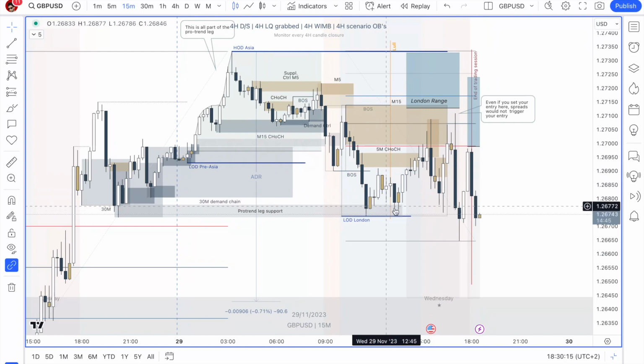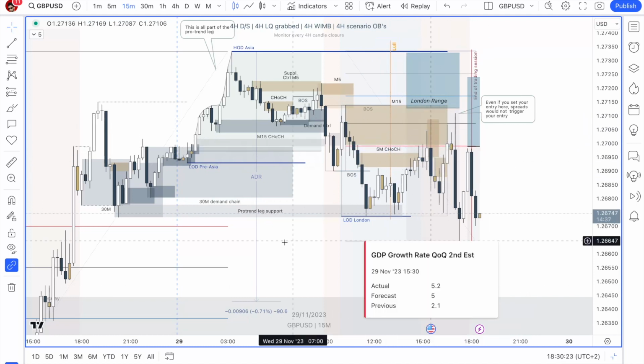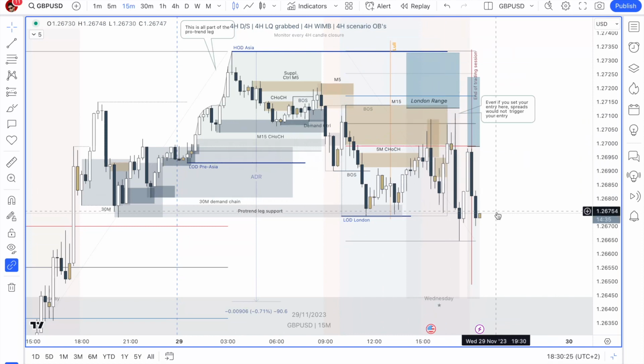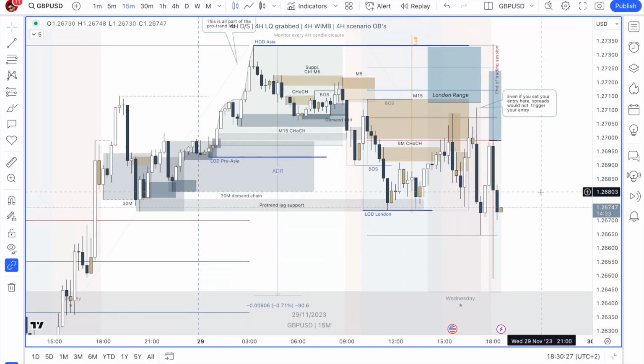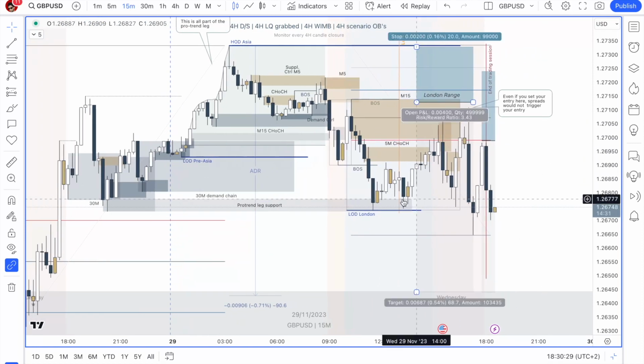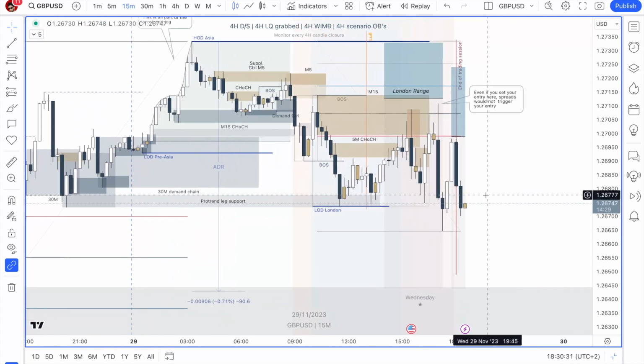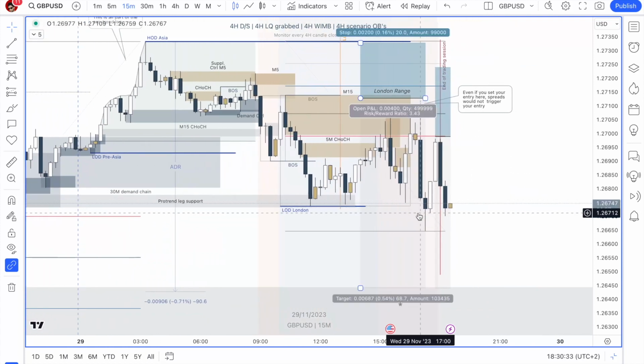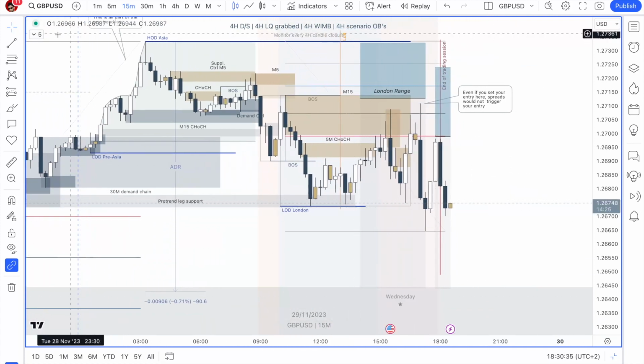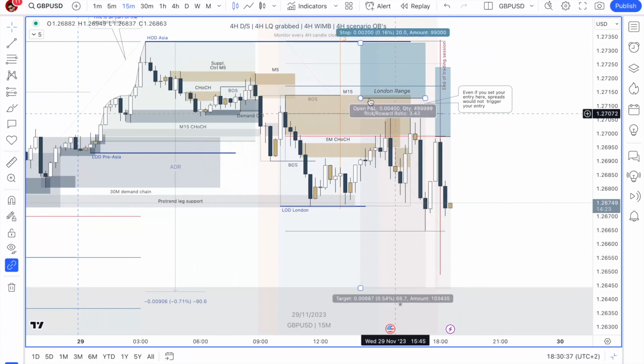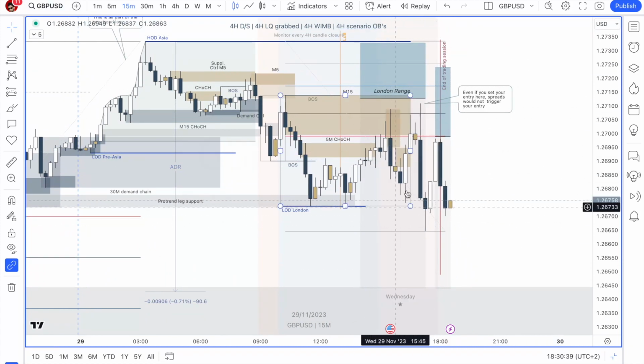As we moved into the London lull, I felt that at this point it was too close to the GDP news release, and thus I paused trading until after the news release. Once news was released, we were anticipating GU to go down, which was confirmation for taking this trade.